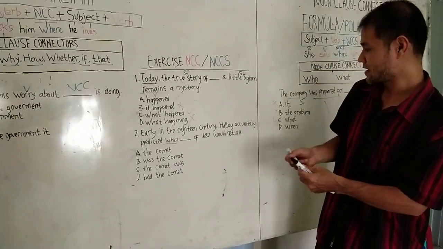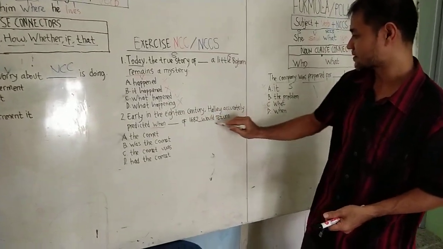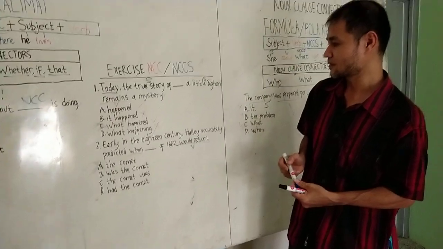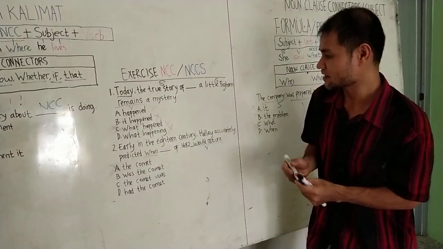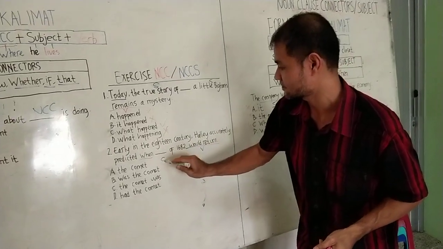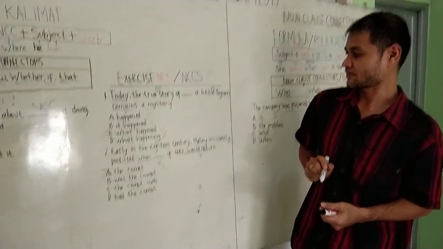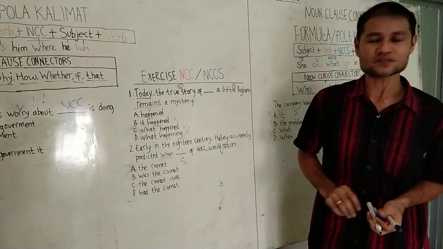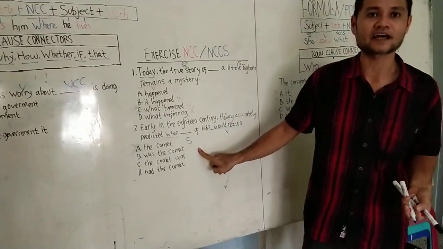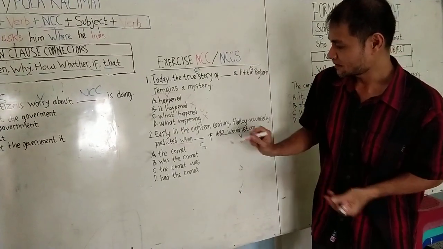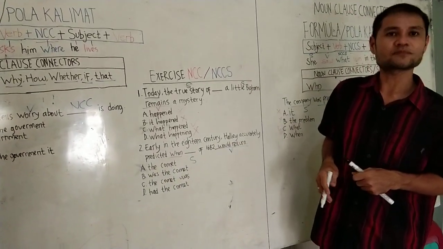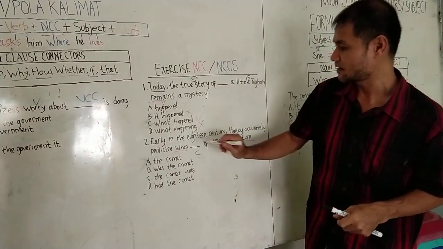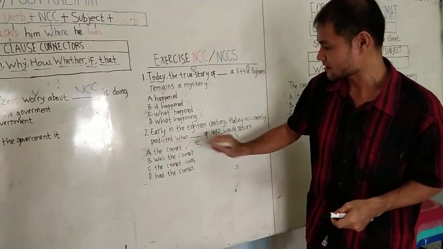After blah blah blah, it has a verb here. So, what is needed here? Of course, it needs a subject. Among the multiple choice, which one is a subject and the correct one? A, B, C or D? Of course, the best answer is A.